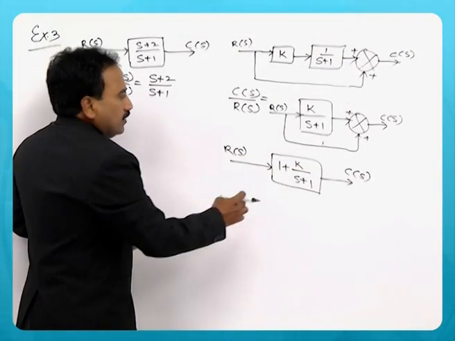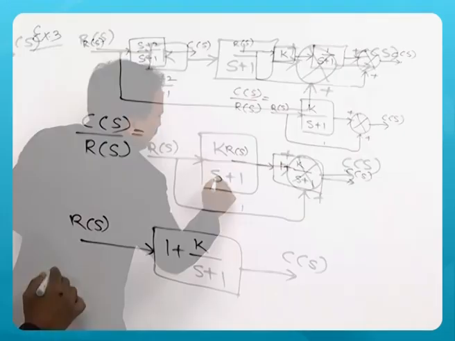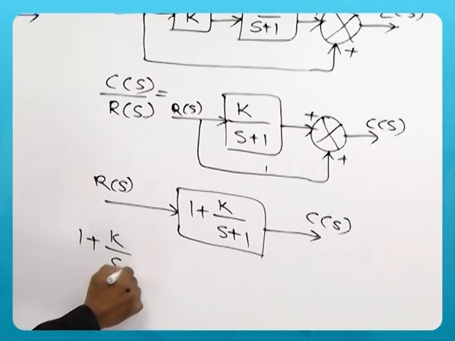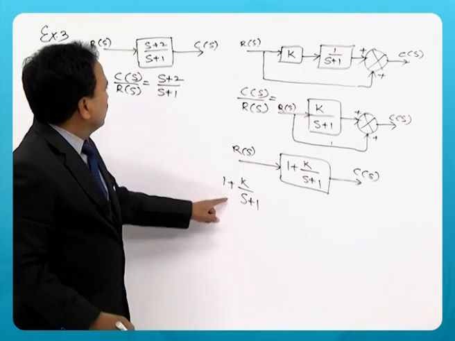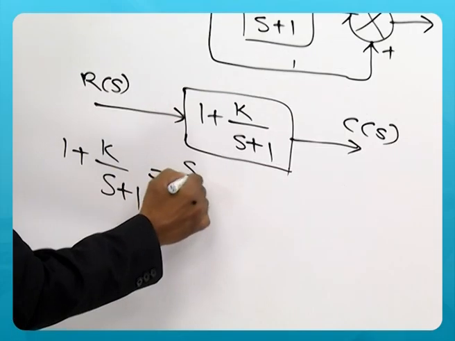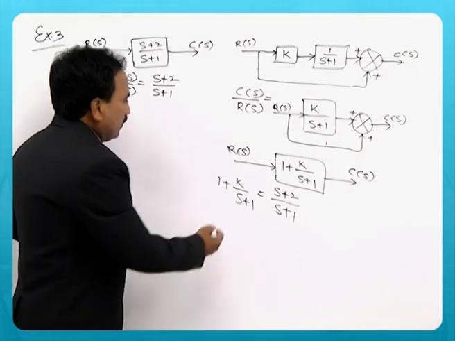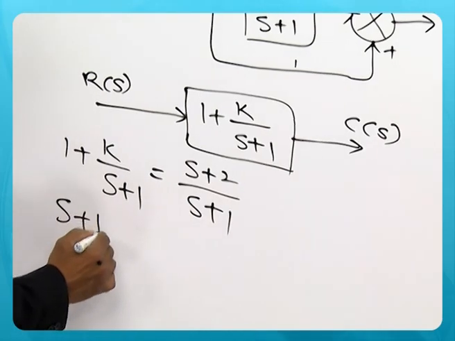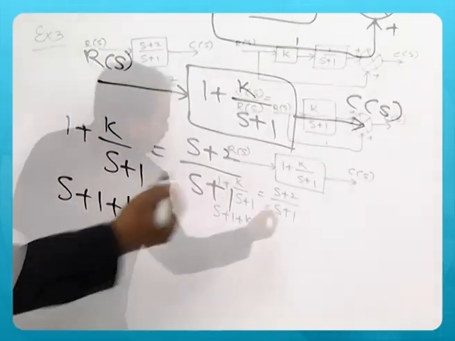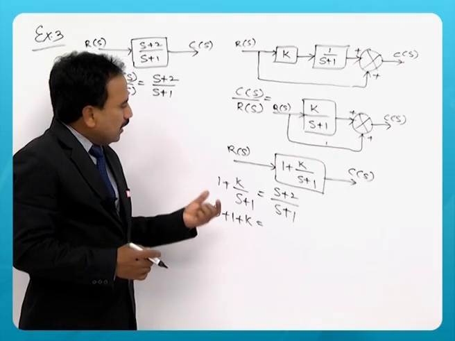Now the overall transfer function of this is 1 plus K by S plus 1, and that is equal to S plus 2 by S plus 1. So you can see that this is S plus 1 plus K is equal to S plus 2 by S plus 1. So what should be the value of K?